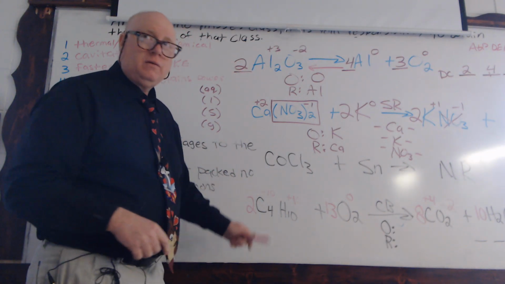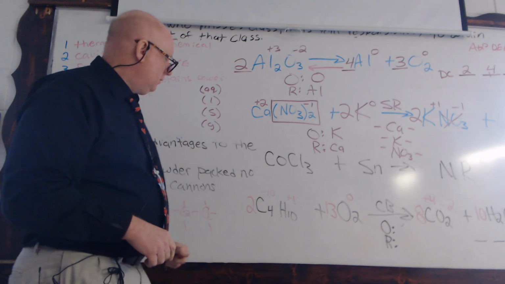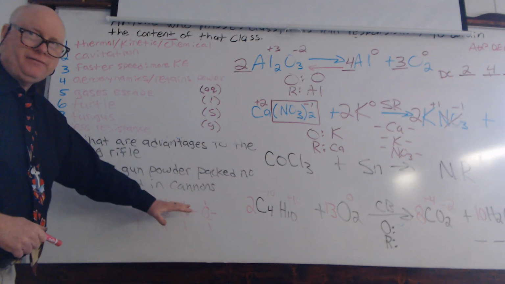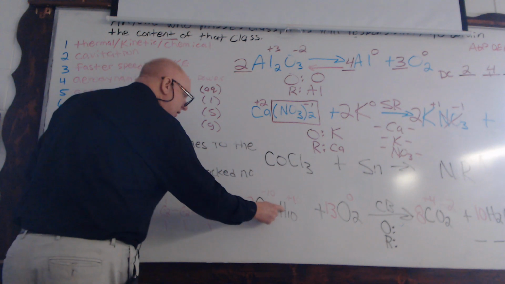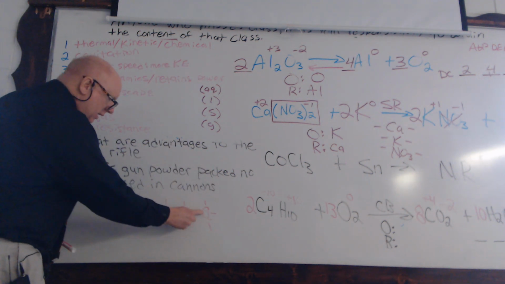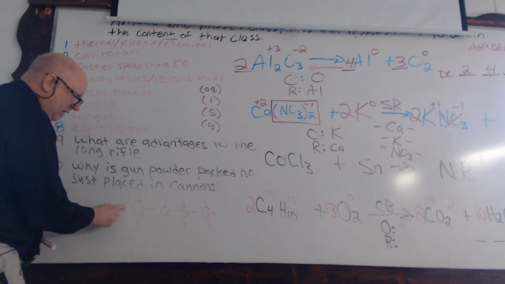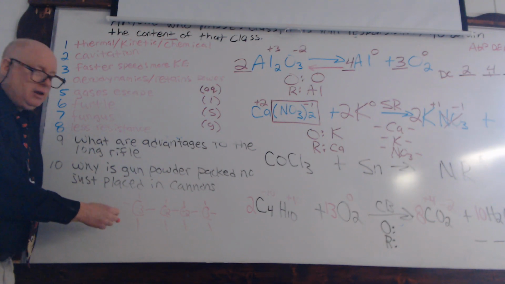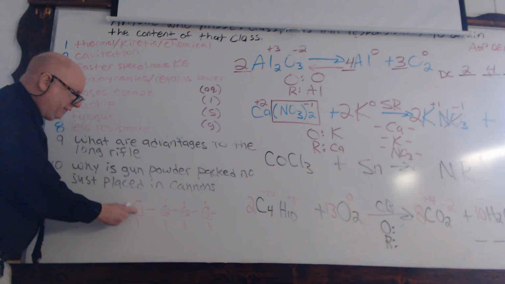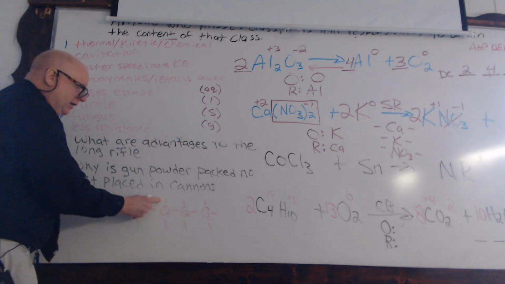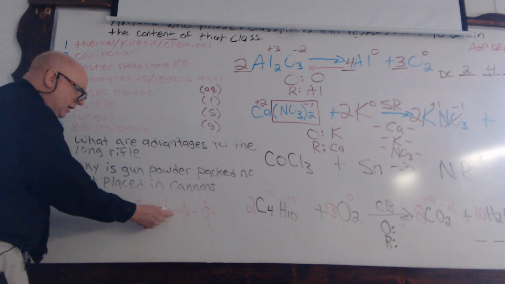Wait, how do you get the -10 for carbon? You use 4 carbon and hydrogen. That's true. But when you look at the structure here, we know that hydrogen's got a +1 charge, correct? Well, when we draw out this structure, if this hydrogen has a positive charge, which it does, that would be +3, correct? So then this carbon's got a -3 charge. This has 2 hydrogens, each one of them having a +1 charge, giving you -2.